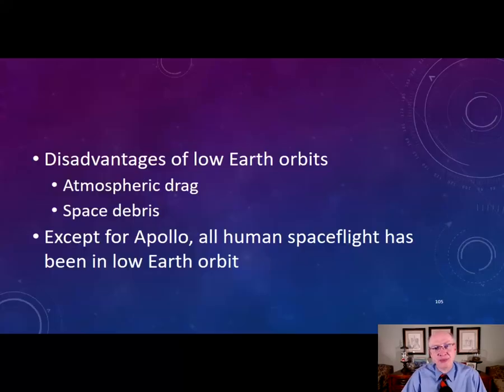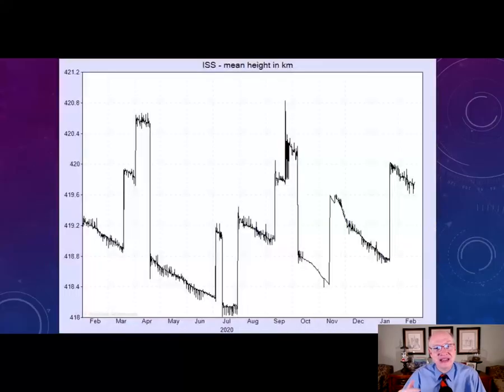A really good example of atmospheric drag is the space station. This is a plot of the International Space Station's altitude as a function of time. And you've probably heard me mention a couple times now that the International Space Station is typically up around 420 kilometers above the surface of the Earth. But if you watch its altitude over time, you'll notice that its altitude is slowly decreasing.